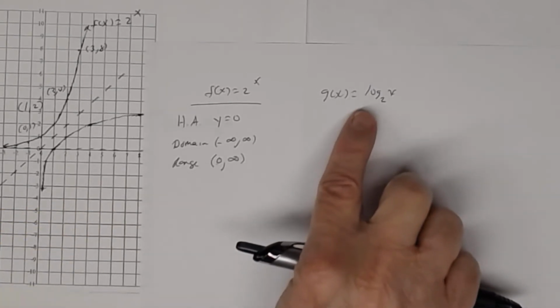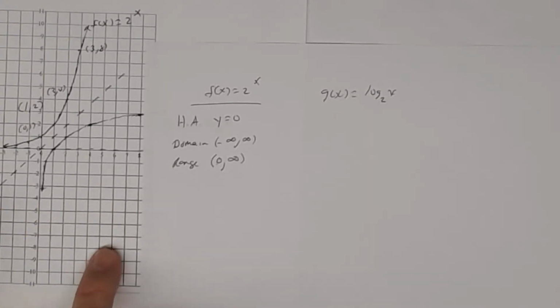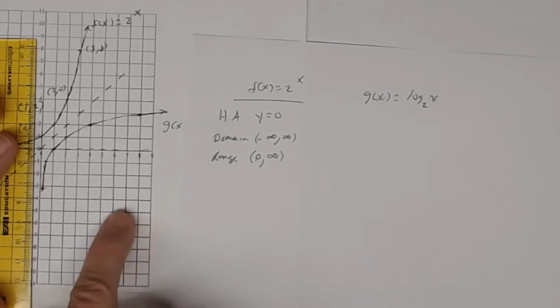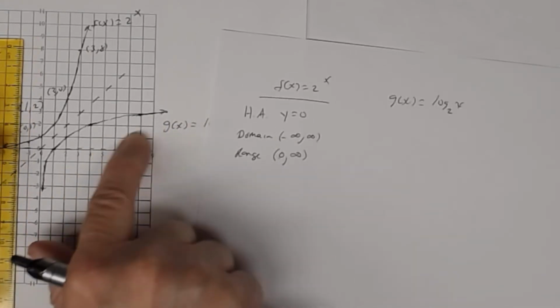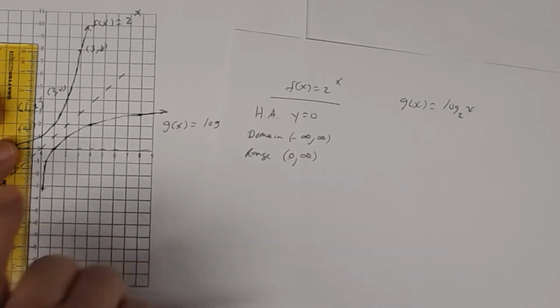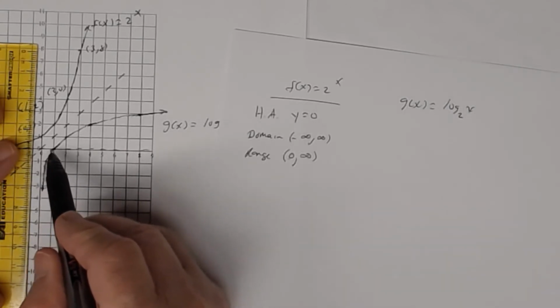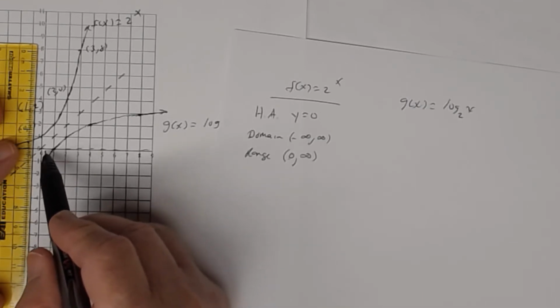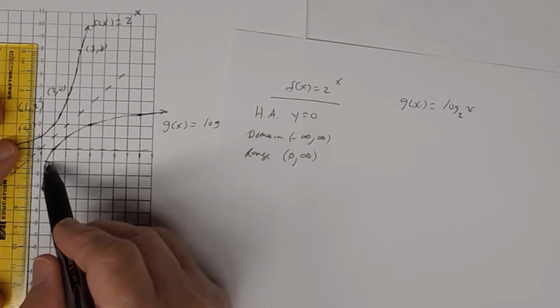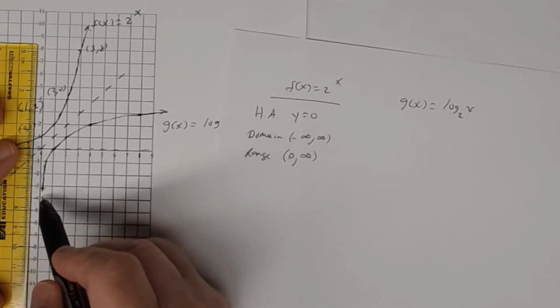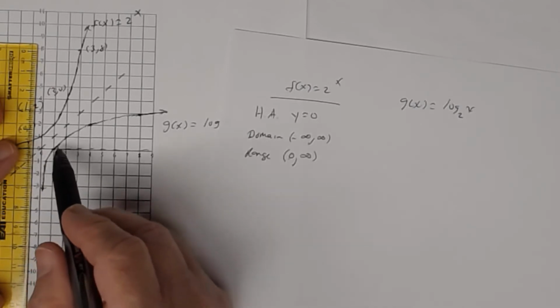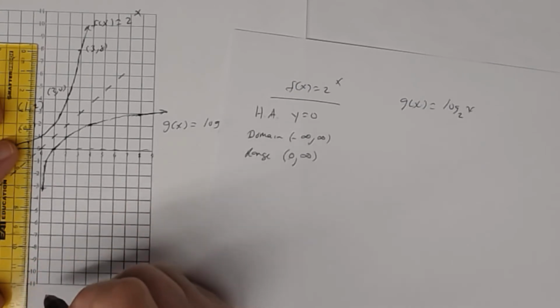Now let's look at the properties of this log function. Notice that the log function has a vertical asymptote. As I go to the left, my graph is getting closer and closer and closer to the y-axis.